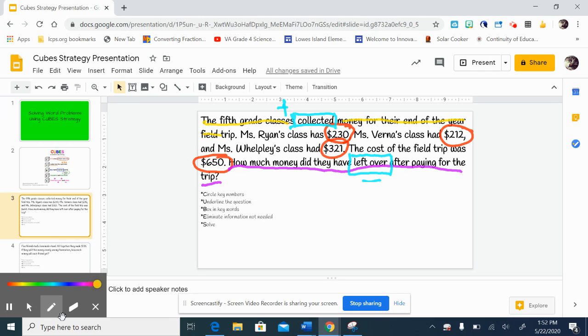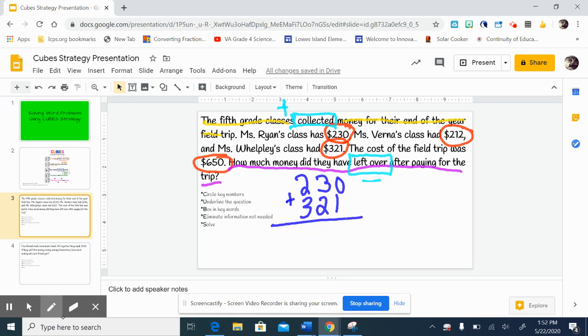I kind of went through the evaluative step before in thinking through this problem. I used the keyword collected, and I'm going to add together the dollar amounts that the three classes collected. I'm going to cross them off as I use them to make sure that I use every circled number somehow.